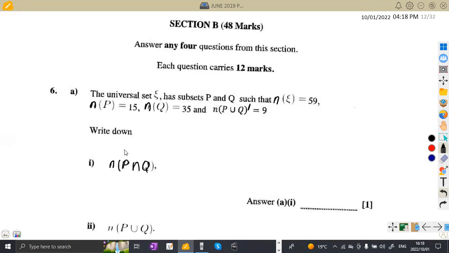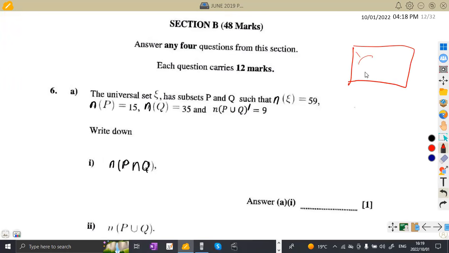What are we going to have in P intersection Q? For this consideration, we can actually work with the diagram. That is the major important part. We can actually work with the diagrams. Here we understand that what is in the (P union Q) complement means we are talking about the elements which are not part of P and Q combined, that is the one that is outside of the sets, like this one.